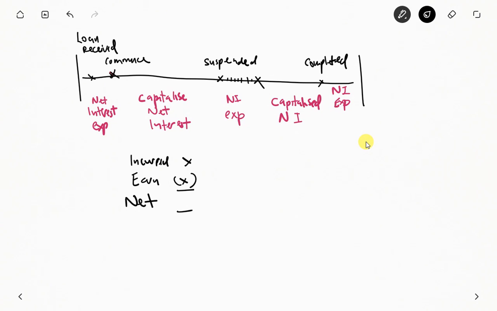The money we may use to earn some interest. We confirm must incur interest on the 1 million. We may earn a little bit, so we net it off. We capitalize the net. Capitalize. Yes, correct.